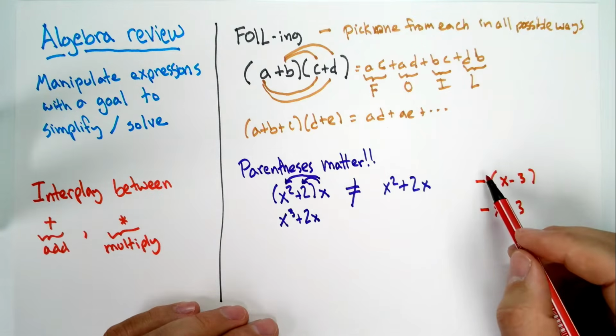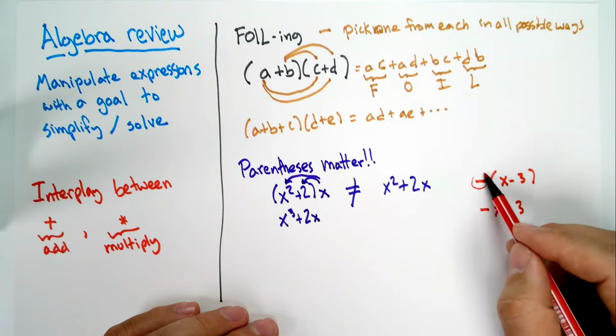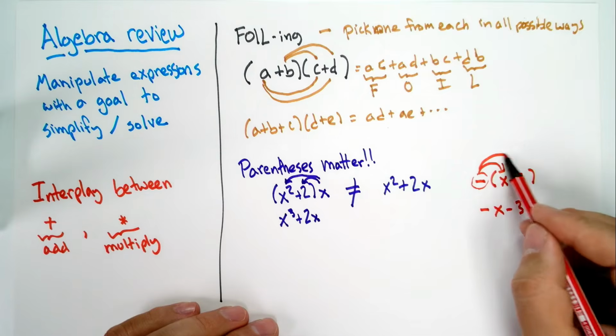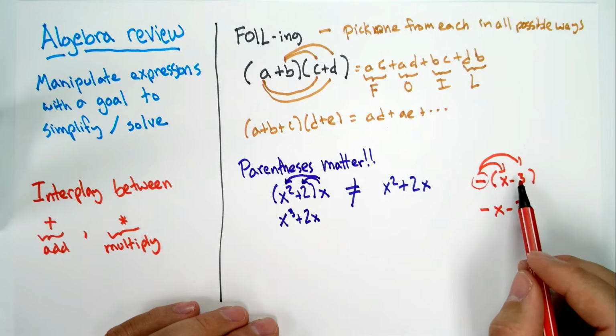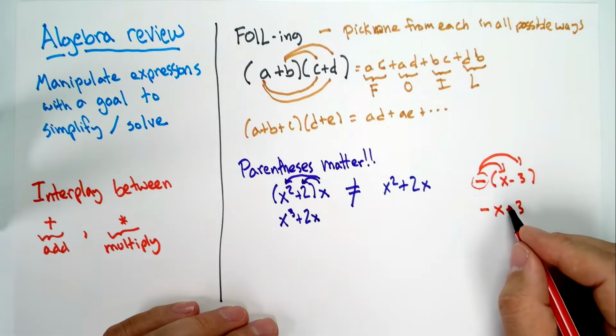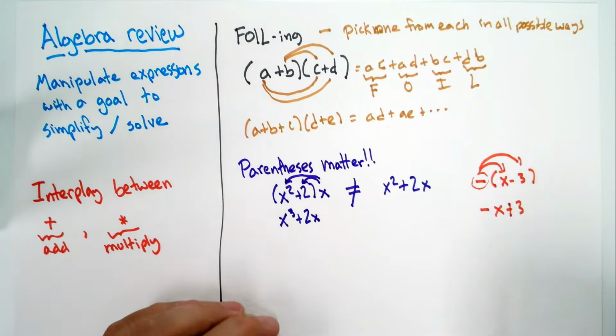But it's not right. This minus sign has to distribute. So yes, you will get a minus x, but then you'll get a minus minus 3. So you should get minus x plus 3. So pay attention. We don't want to lose any points. Our goal is to get all of our points.